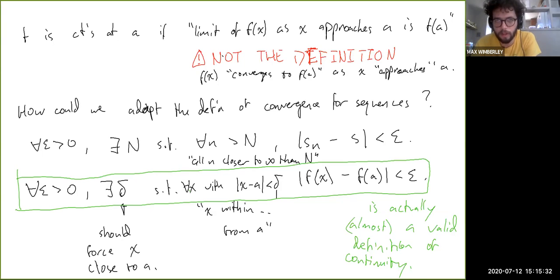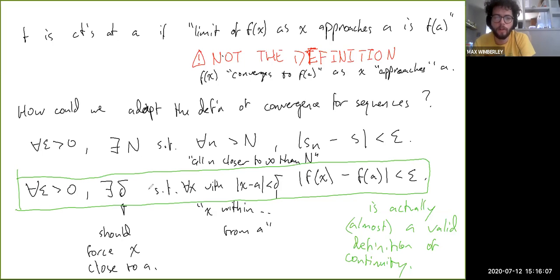When we make the real definition, this won't actually be the definition anyway, because we're going to define it in terms of sequences instead. But if you wanted to use this as a definition, you should really say for all x in the domain of f for which this is true. That introduces all sorts of weird possibilities, so I'm not going to talk about it for now. But if you assumed that f was defined for all values of x on the entire real line, then this would be a valid definition.